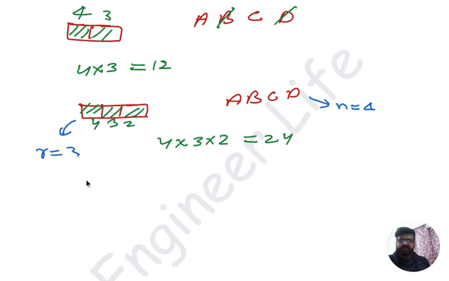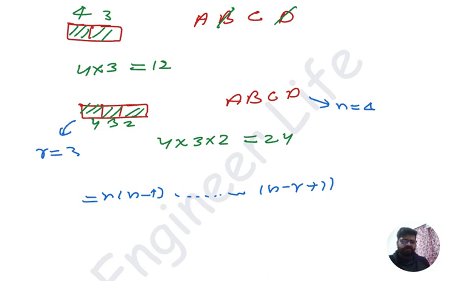So the terms are n, n minus 1, n minus 2, and so on, up to n minus r plus 1.